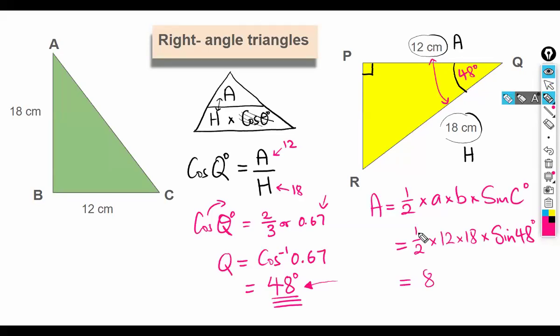So substituting the values, it's half by 12 by 18, with the angle in between those sides, and we get roughly 80.26 centimeters squared. If you round it off properly, it's 0.26 as far as I can tell. Look how many different ways we were able to find the area of that triangle.